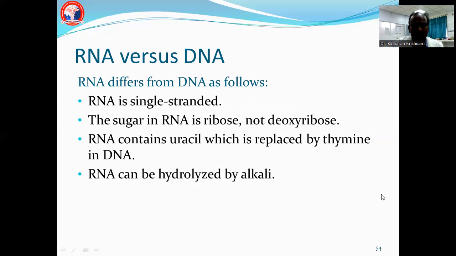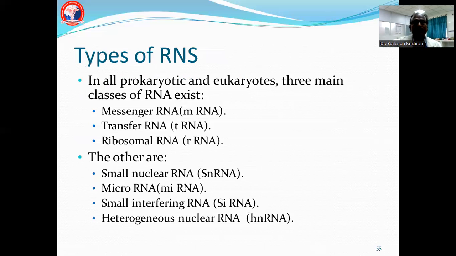The most important difference is that RNA can be hydrolyzed by alkali, whereas DNA resists hydrolysis because of the deoxyribose. That means DNA is more stable than RNA. Evolutionarily, nature has chosen DNA as genetic material for higher organisms because of stability.